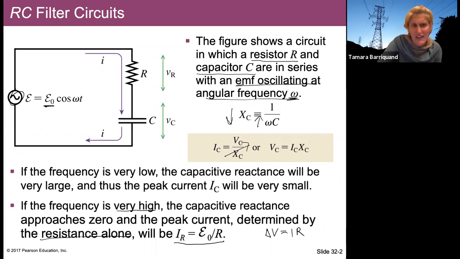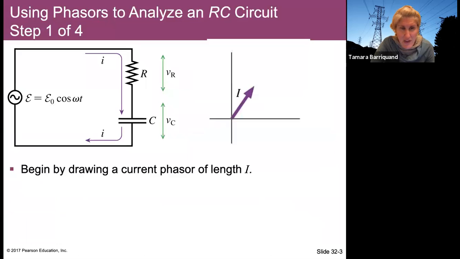So let's see if we can analyze these RC circuits by using our phasor diagrams that we just learned about. Here's our RC circuit again. We want to start by drawing a current phasor of length capital I, our peak current. We only have to draw one current, of course, because these are in series, so the current is the same.